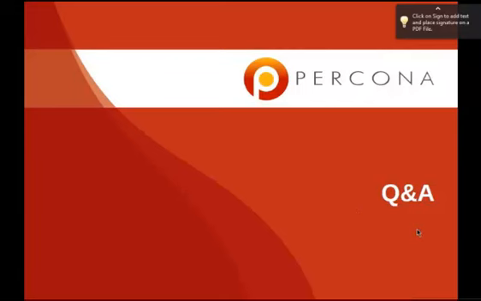Sorry, can you say it again? What are the steps to automatically restart a Percona cluster after an outage? So if the whole cluster was down, the first step is to make sure that all of the nodes are down, or more than half of the nodes are down, to avoid inconsistencies.